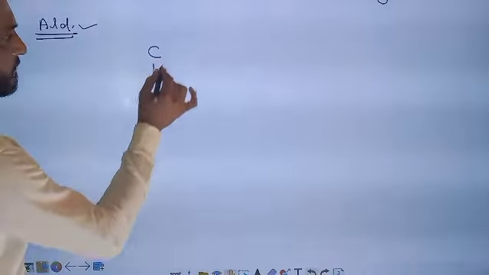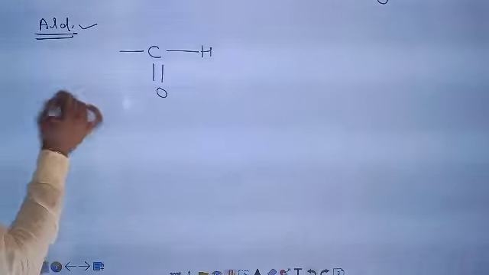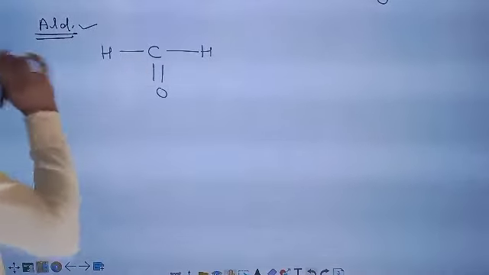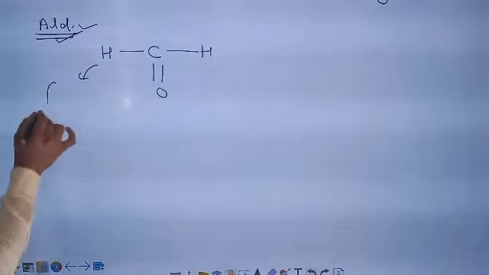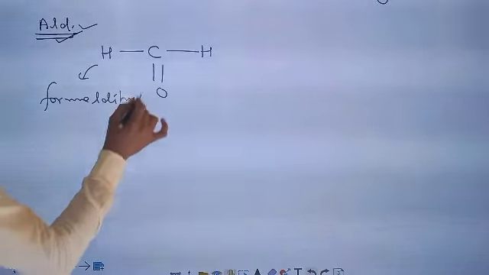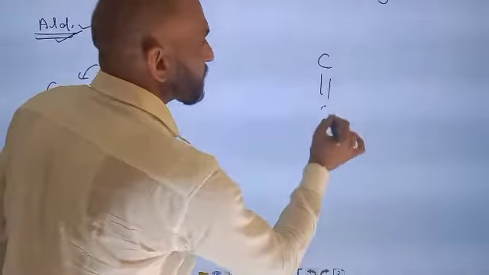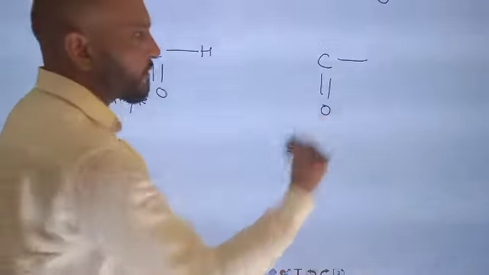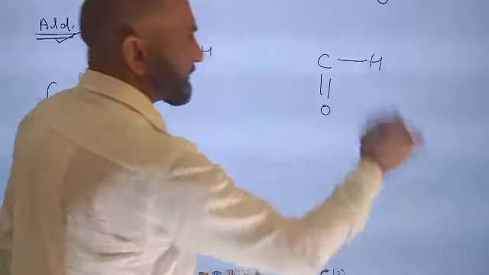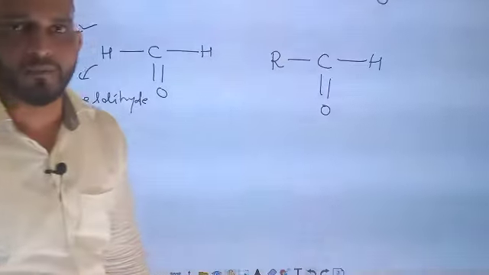C double bond O H. This free valency completed with a hydrogen atom is an aldehyde, and the name of this aldehyde is formaldehyde. In another compound, carbon is attached to oxygen with a double bond, one valency of the carbonyl carbon is attached to hydrogen and the other valency is completed with a carbon.